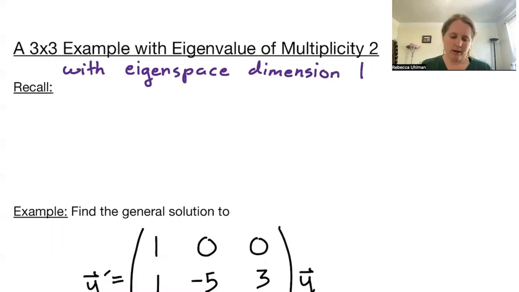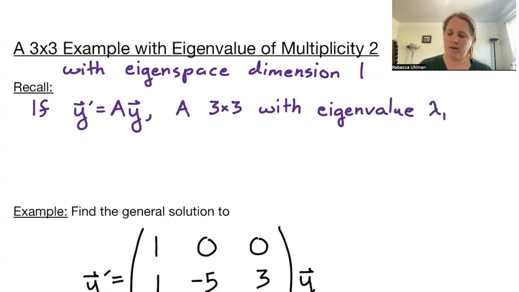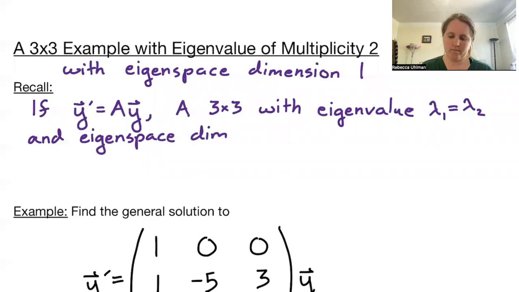So just recall, if we have y prime equaling A times y, a 3x3 with eigenvalue lambda 1 equaling lambda 2 and eigenspace dimension 1 spanned by eigenvector xi, or xi1.